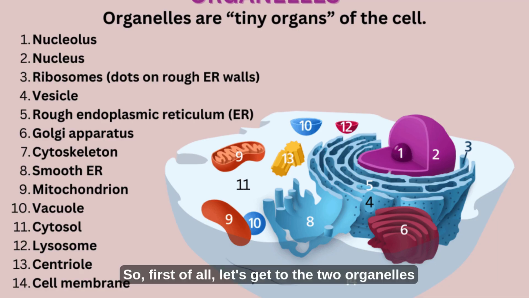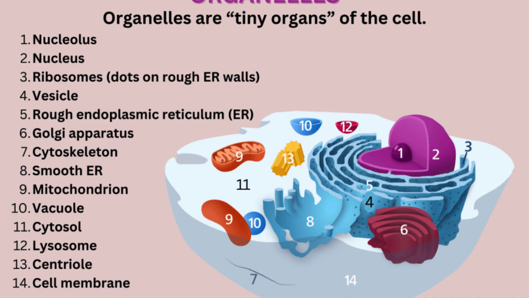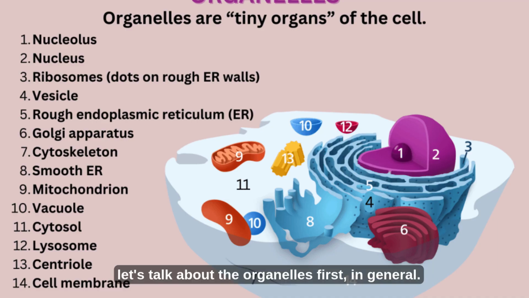So, first of all, let's get to the two organelles we're going to talk about in today's video, the nucleus and the mitochondria. Then let's talk about the organelles first in general.